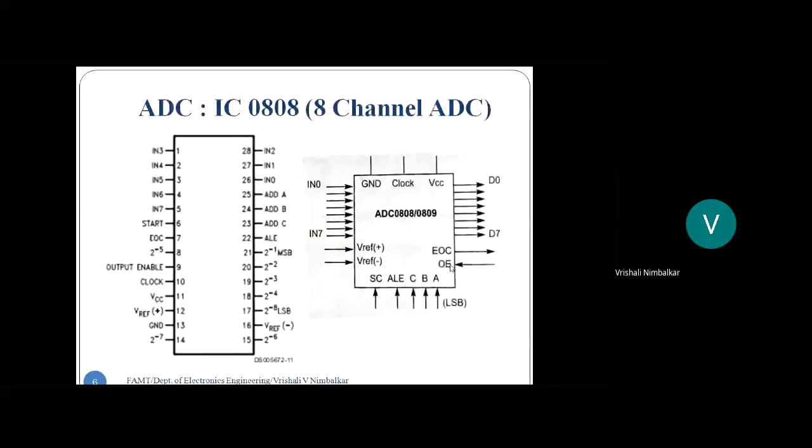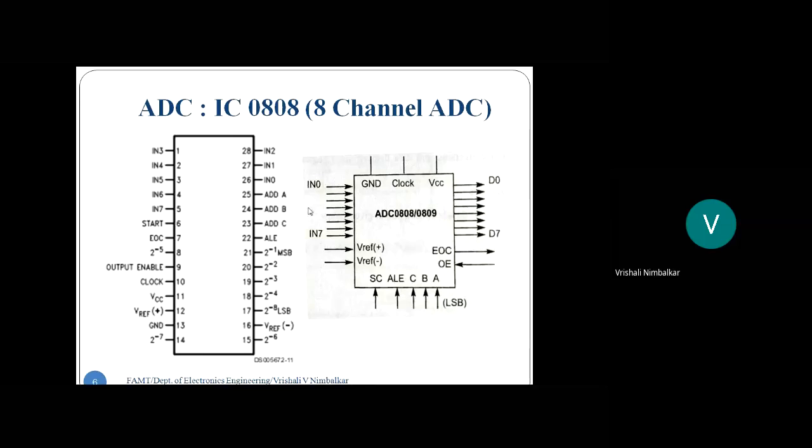And the next 2 inputs, plus V reference and minus V reference. These are going to decide the voltage limits of the analog signal. Mostly, if your analog input signals vary from 0 to 5 volt, in that case minus V reference is grounded, and plus V reference is connected to 5 volt.